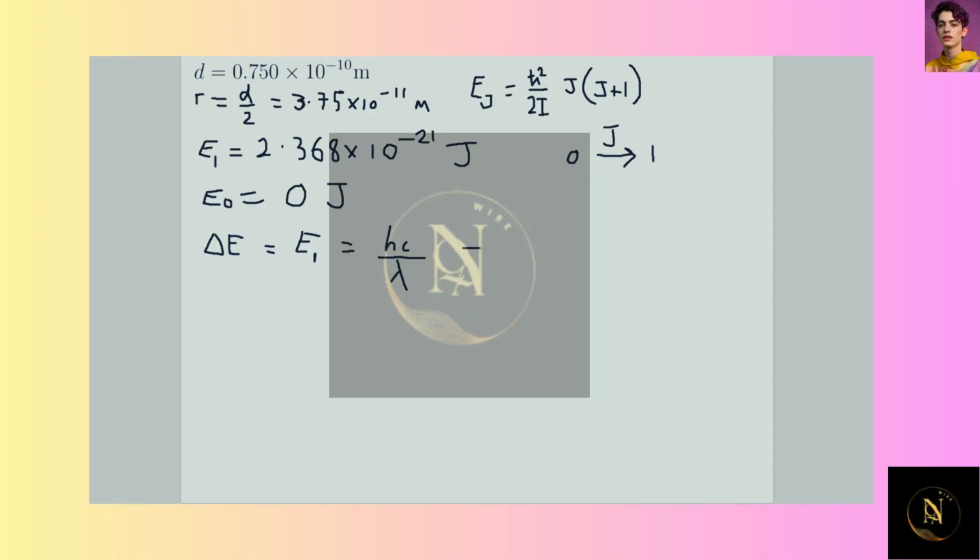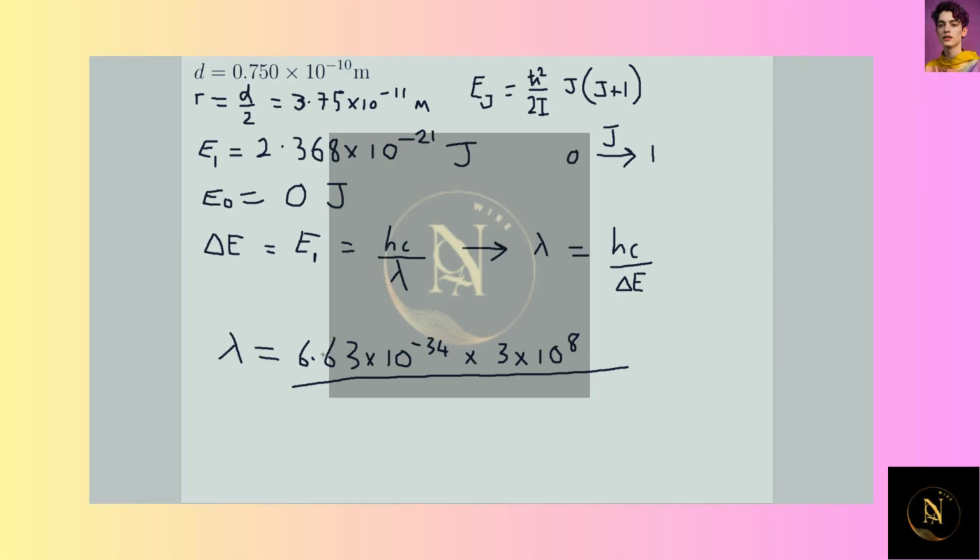So rearranging, lambda is equal to hc over our change in energy levels, which we've established is delta E. Plugging in some numbers, lambda is equal to Planck's constant, 6.63 times 10 to the minus 34 joule seconds, times our speed of light in a vacuum, 3 times 10 to the 8 meters per second, over our change in energy, which is also equal to E1, so that is 2.368 times 10 to the minus 21 joules, giving us an answer of about 84 micrometers.